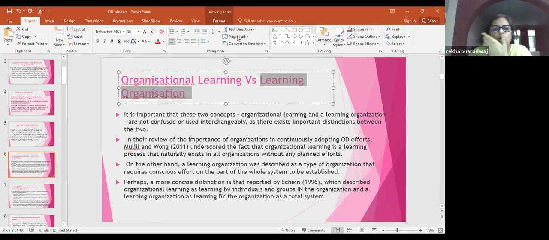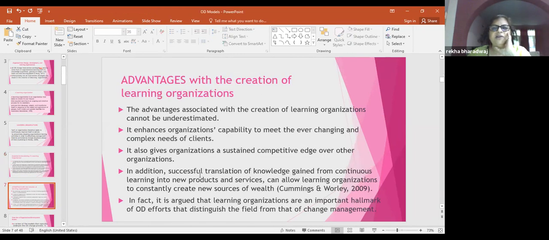So that's called organization learning. Like working in an organization creates learning, it creates experience. And a learning organization is one that actively seeks to learn, and they create processes in which a planned change happens. So that is the difference between organization learning and learning organization.